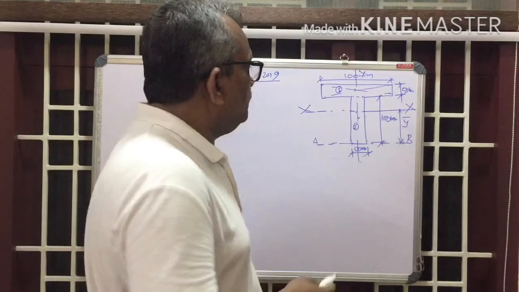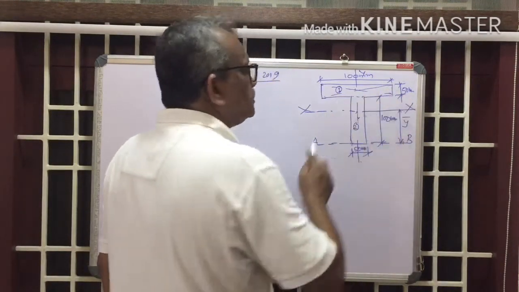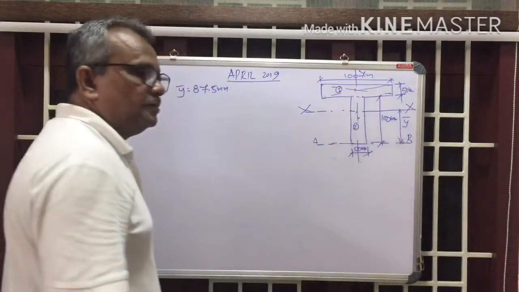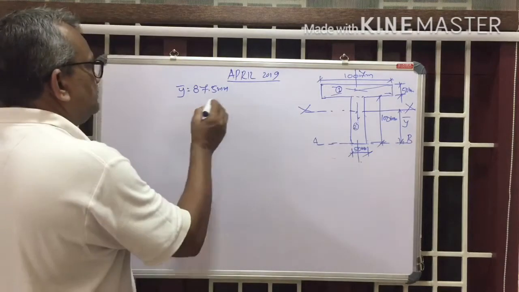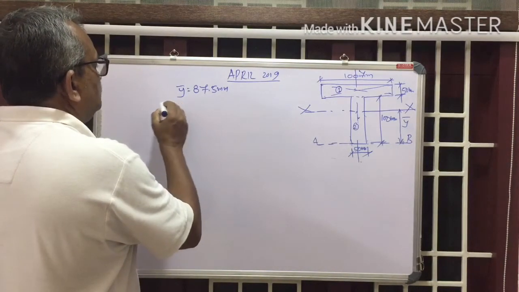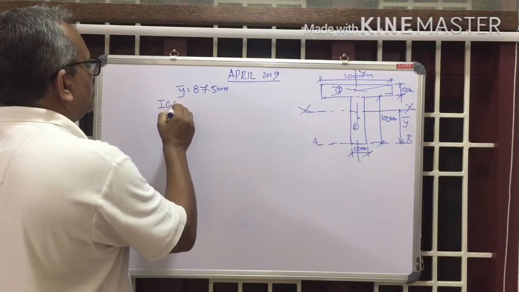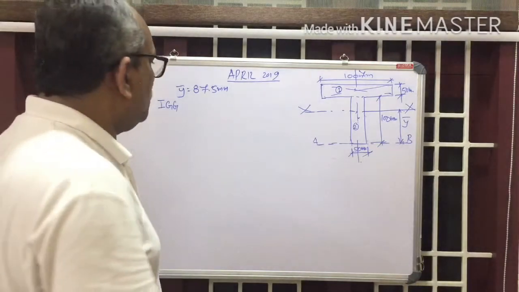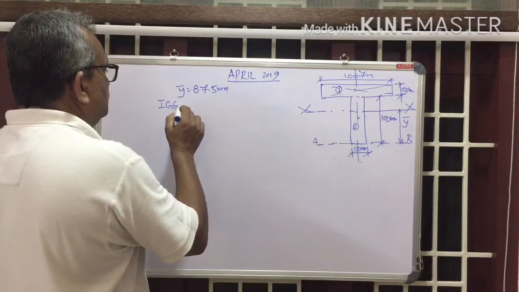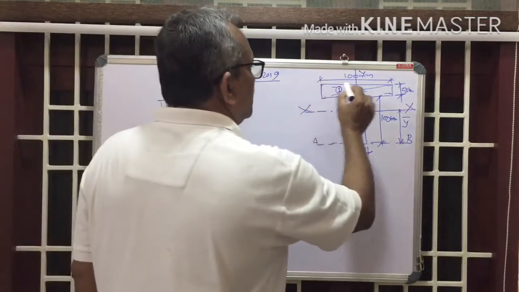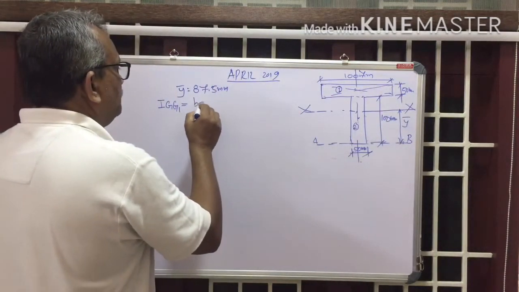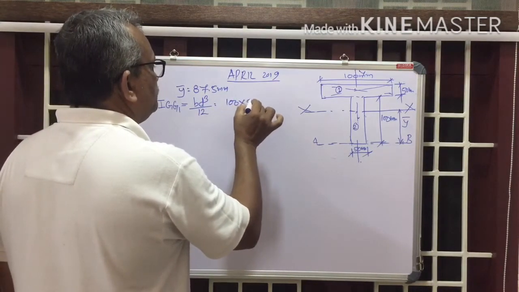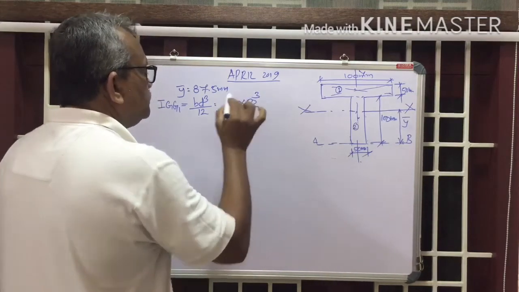So individually, when we consider the two rectangles 1 and 2, what is the moment of inertia of the first rectangle? IgG means the moment of inertia about its own CG. Say IgG1 is equal to, you know the relation, b d cubed by 12, which is 100 into 50 cubed divided by 12.